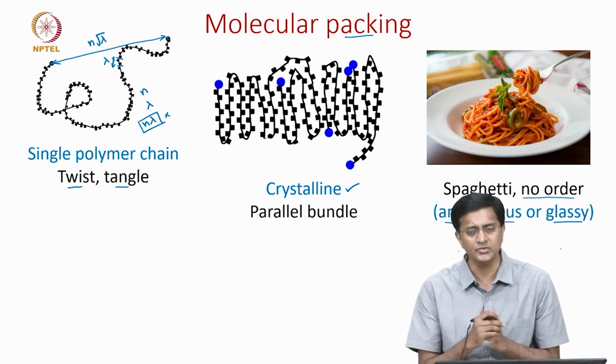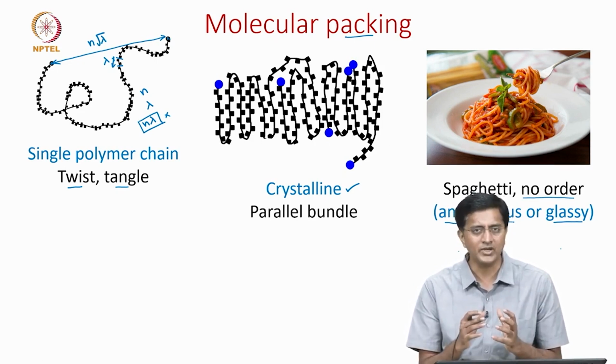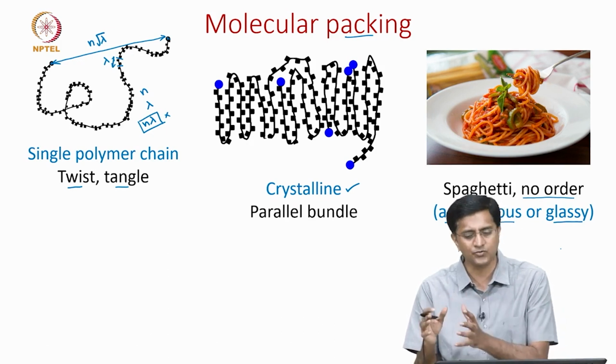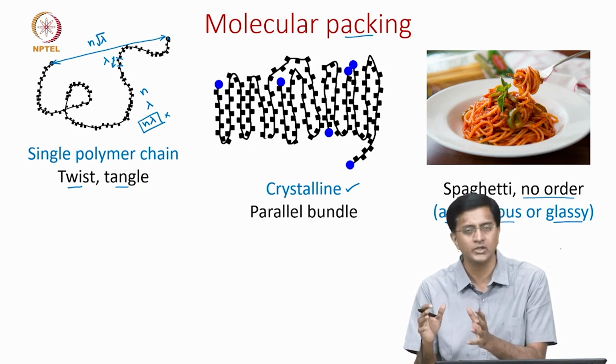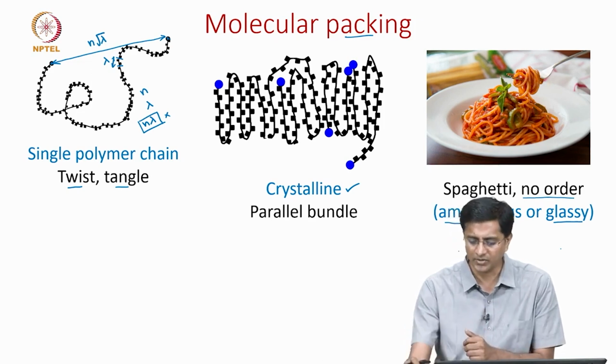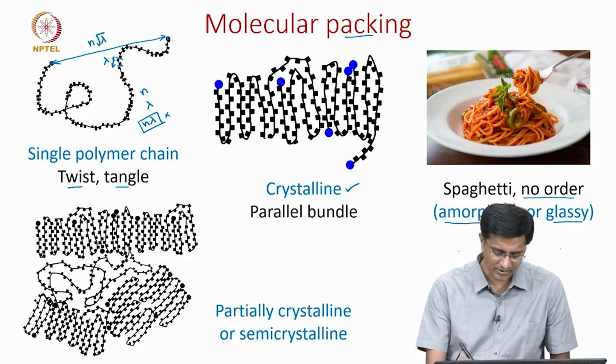So, these are two extremes, but polymer-wise, some of them are amorphous polymers, which means there is no order in their packing, but some of them are partially crystalline.